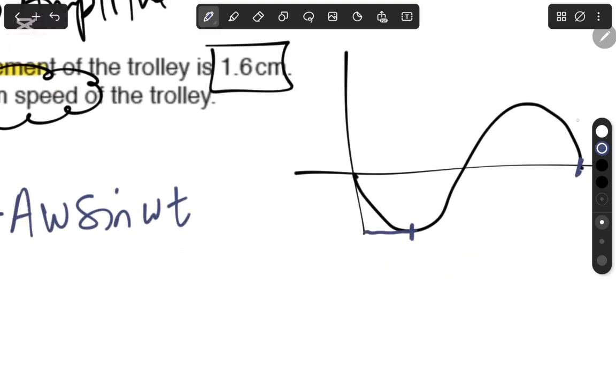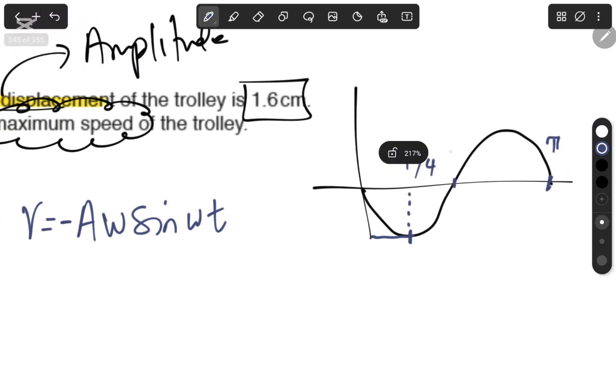If I say this is the time period T, then this will be T/4, this will be T/2, and this will be 3T/4, and this is 0. So this here will be T/4.